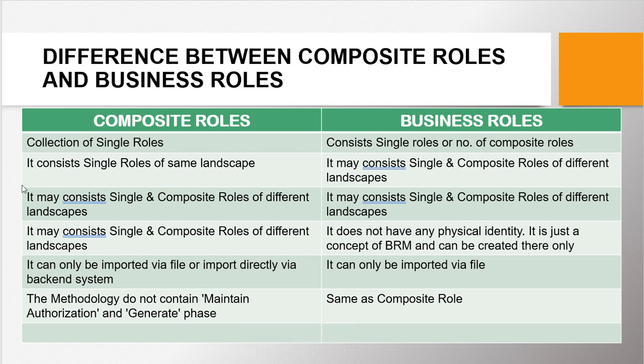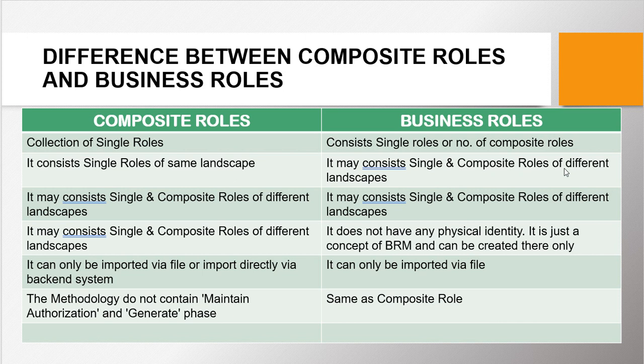What is a composite role? A composite role is a collection of single roles, that's technical single roles. And what is a business role? A business role consists of single roles or a number of composite roles from different landscapes. A composite role consists of single roles from the same landscape, whereas a business role can consist of single roles and composite roles from different landscapes.